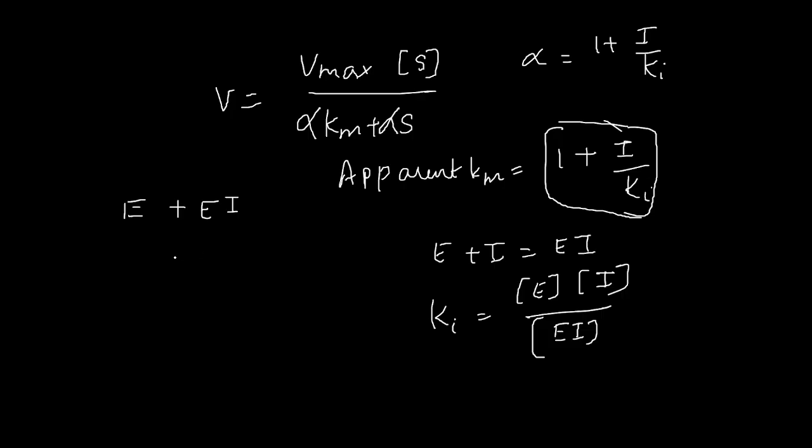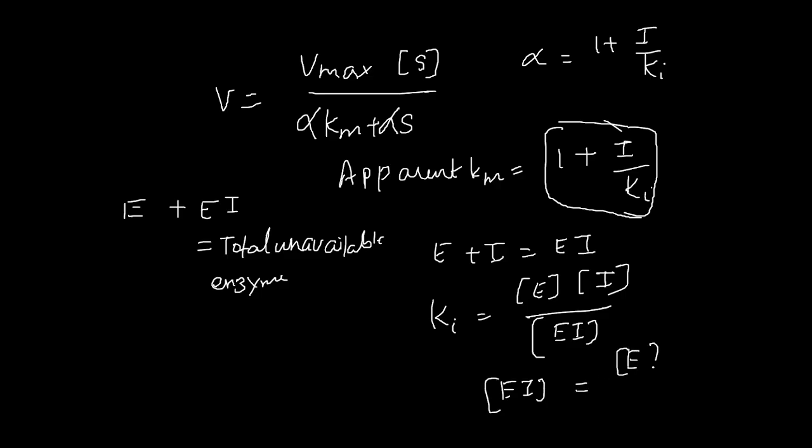So the total enzyme which is unavailable in the presence of inhibitor is this one. Now you can substitute EI here. If you calculate EI here, you can rearrange it, and you will get EI by Ki.